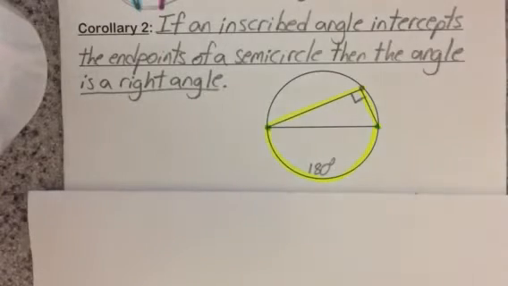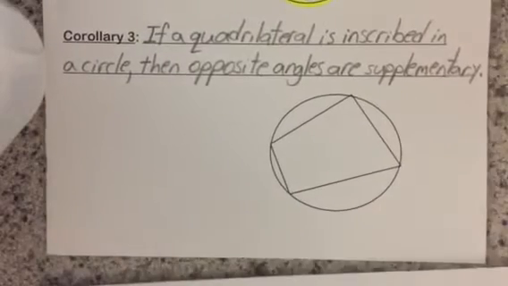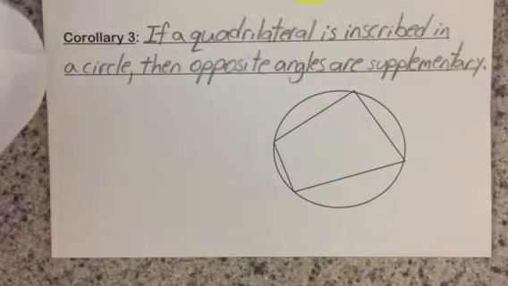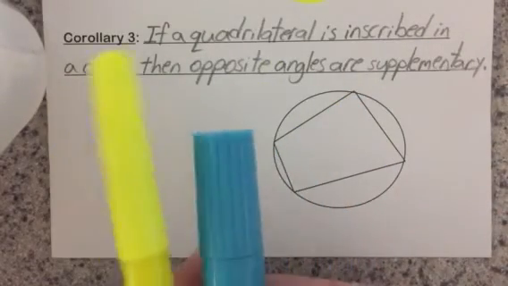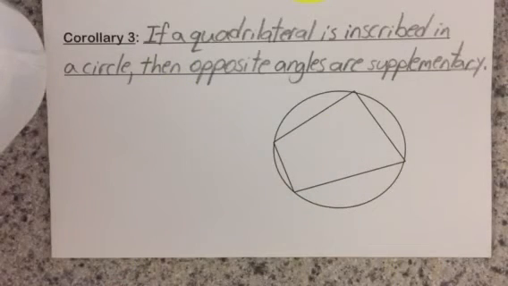All right, and let's look at our last one now. Corollary 3. We'll do some highlighting together on this one. All right, so it says if a quadrilateral is inscribed in a circle, then opposite angles are supplementary.